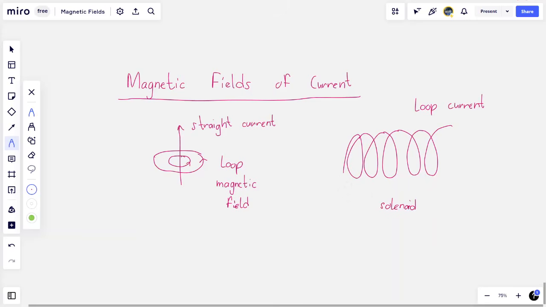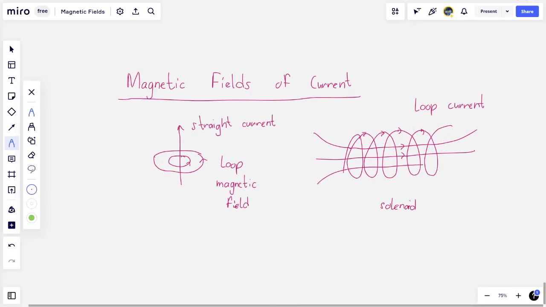As the current flows, and we can assume the current is flowing in any direction, we have the field lines, a magnetic field being generated by the current, and this field is uniform inside the loop.